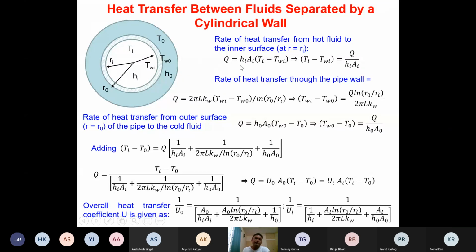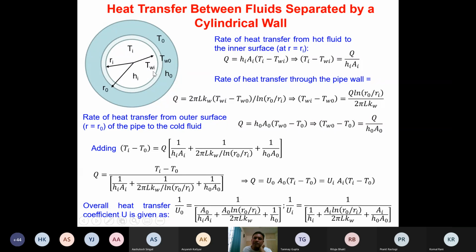So Q here is given by using Newton's law of cooling. That can be given as the heat transfer coefficient inside the inner pipe, so that becomes Hi into Ai. Ai is going to be the inside area here, which is 2 pi Ri L. And Ti minus Twi is nothing but the temperature difference here, the bulk temperature minus the inside temperature of this metal wall.